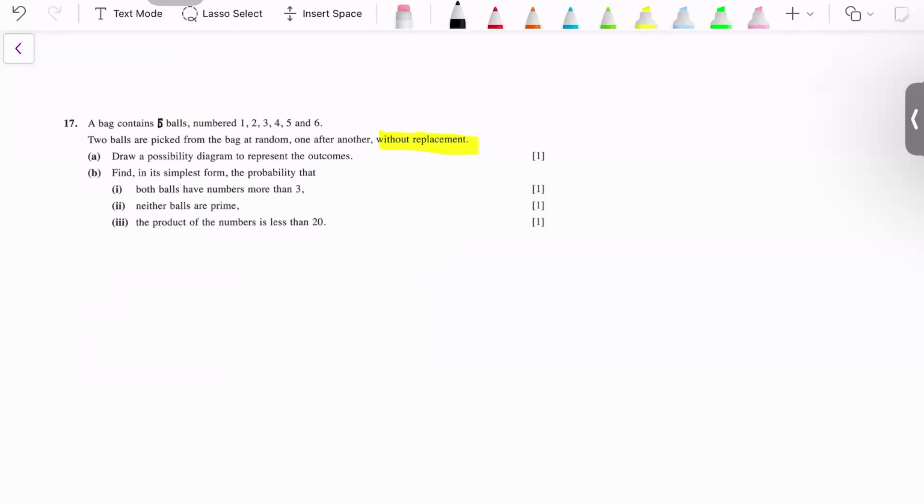Okay. So in this case, we have 1, 2, 3, 4, 5, 6, and 1, 2, 3, 4, 5, 6.